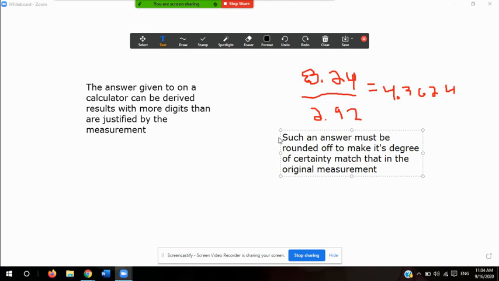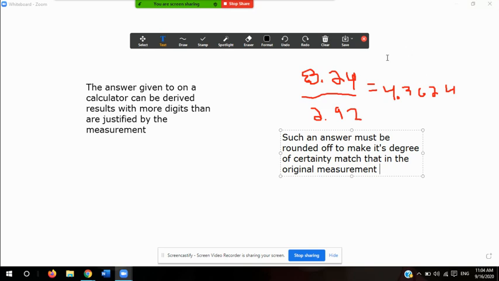Basically, what it's telling us is that if I divide two measurements that have three significant figures, and I get an answer with five significant figures, that answer would be rounded off just to make sure that it matches the degree of certainty of the measurements.